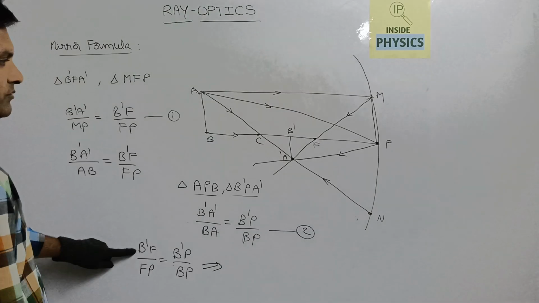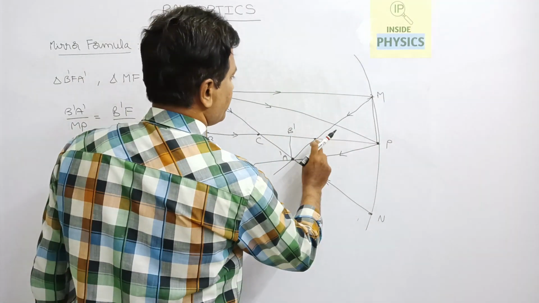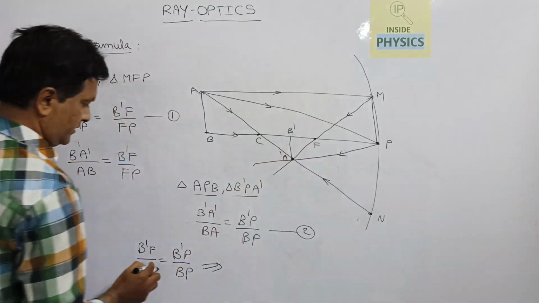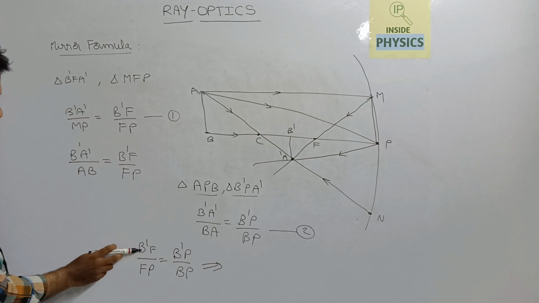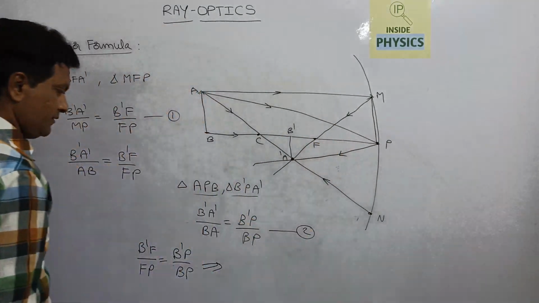What is B dash F? Observe this one, B dash F. This length B dash F can be written as B dash P minus FP, right?